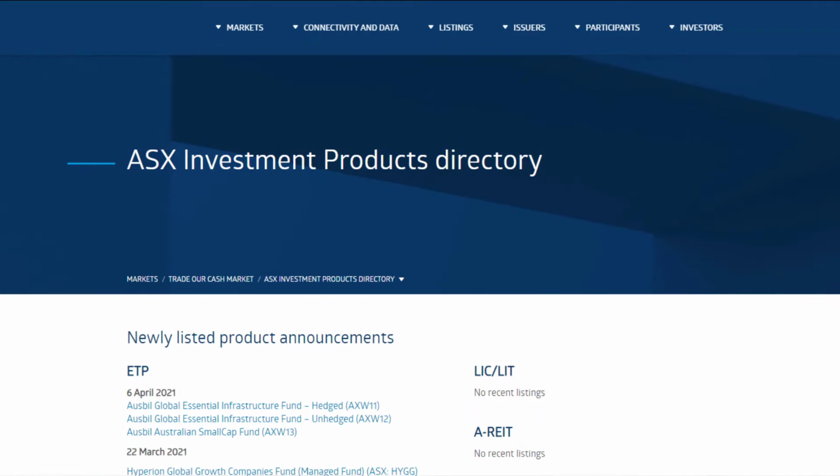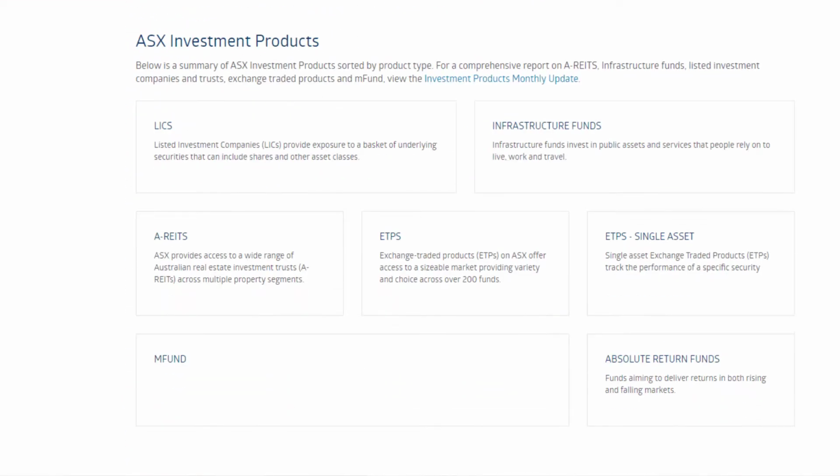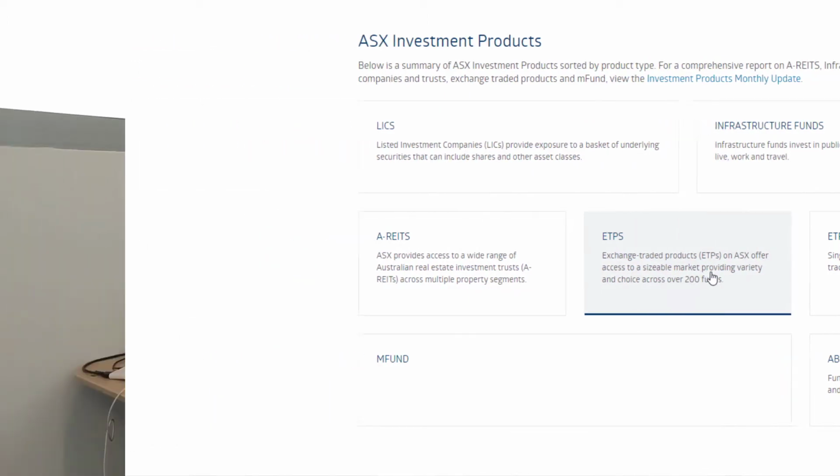These include, but not exclusive to, the listed investment companies, LICs, infrastructure funds, A-REITs, managed funds, and exchange-traded products. Now, under exchange-traded products is the very popular product we all know, the exchange-traded funds. Now, this can be a great way to get access to some of these market indices.